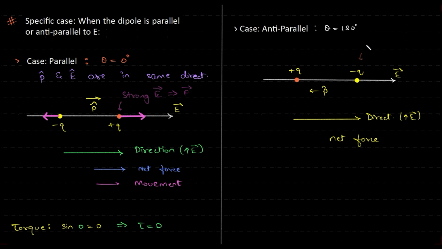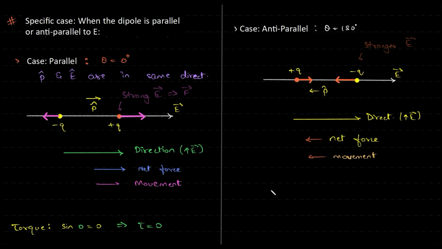Yes, this will experience a stronger electrical field. But the negative charge will experience what? A push or a pull? It will experience a pull, while the positive charge will experience a push in the direction of the electrical field. Because the pull is a lot more, the net force will be to the left. And so the movement will also be to the left. So it's as simple as that.